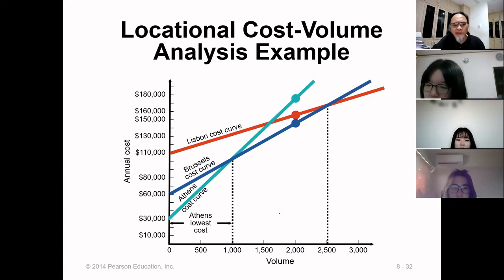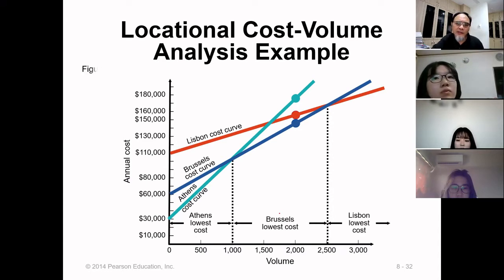And we can also graphically plot the cost curve for all the locations. The green one is the Athens cost curve. So this is the fixed cost, and this is the total cost depending on the volume.